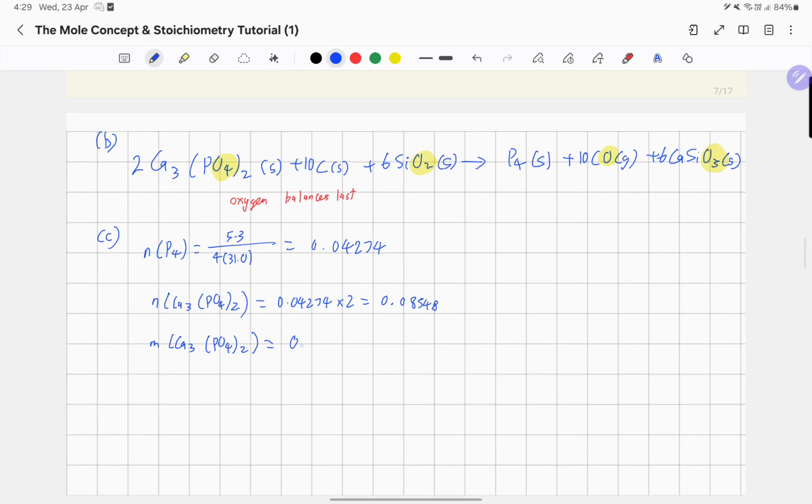And then you just need to calculate for the mass. Take this, multiply by the molar mass. So 3 times 40.1 plus 2 times 31.0 plus 4 times 16.0.